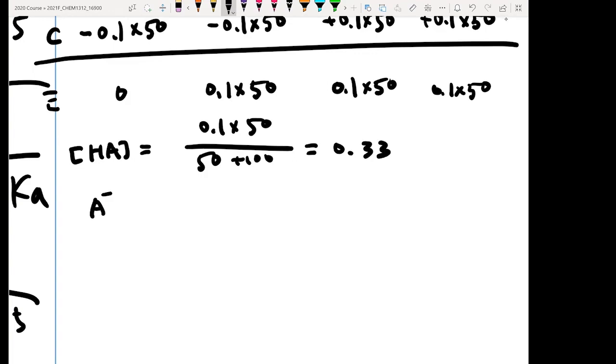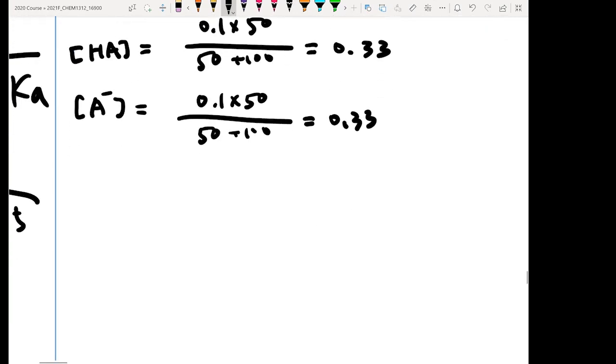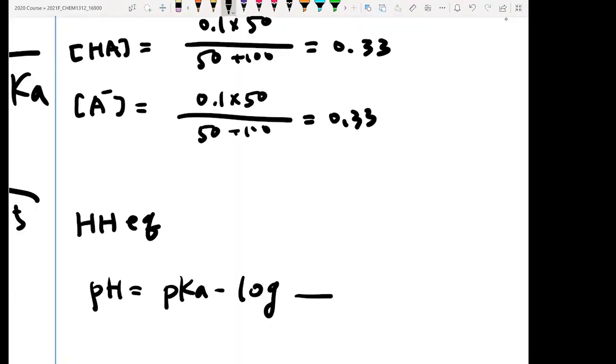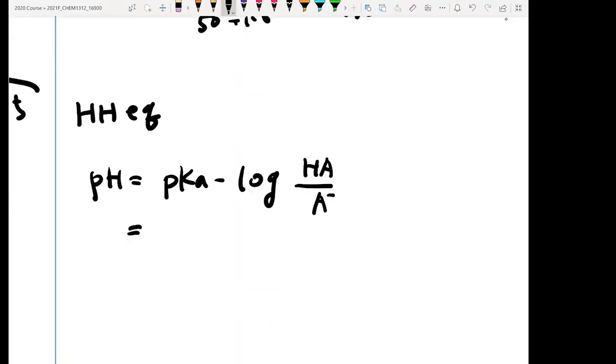If you calculate your A minus concentration, number of moles again is 0.1 times 50. Final volume is actually 50 plus 100. They also give you a concentration of 0.33. Okay, then we want to calculate the pH of a buffer, right? So we use the HH equation, where the pH is going to equal pKa plus log of A minus over HA. pKa basically is the negative log of your Ka.